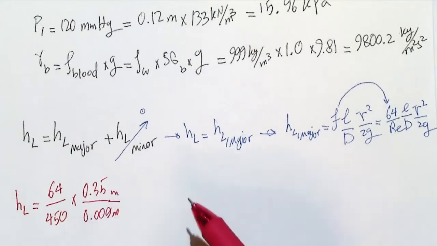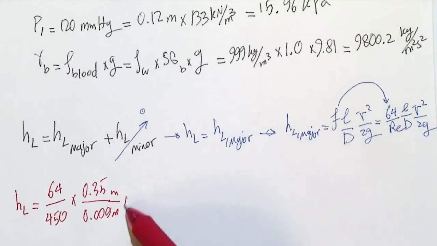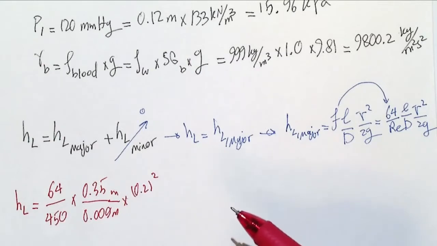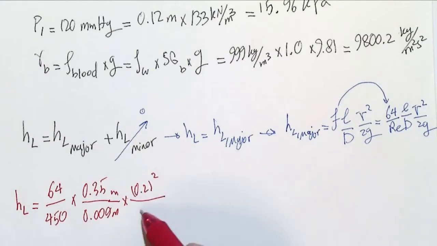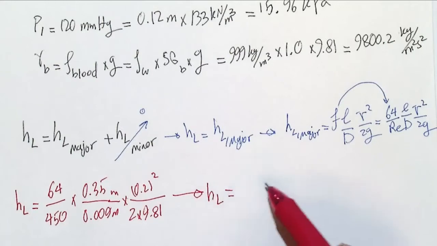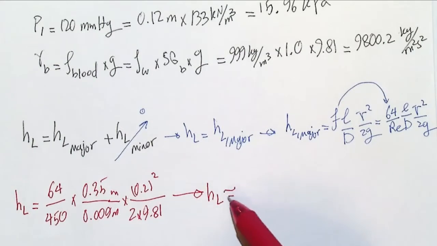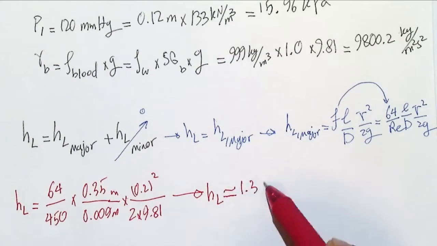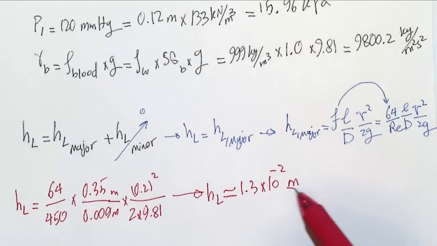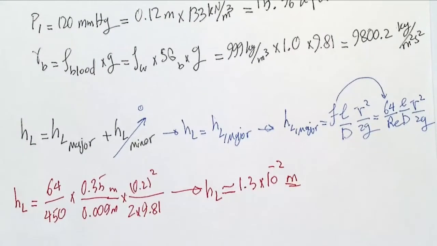Just replace for L over D, and velocity is 0.2 meter per second squared over 2G, which is 2 times 9.81. By calculation, you will find out that HL is almost 1.3 times 10 to the power of minus 2 in unit of meter. So you find out what HL is.